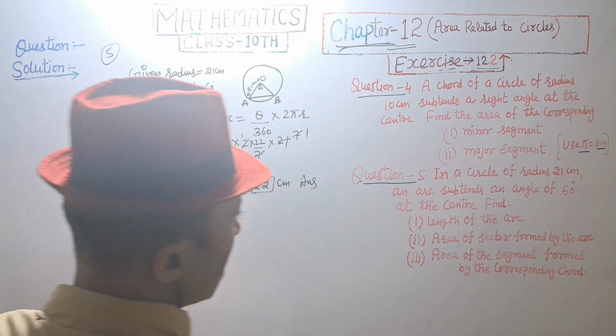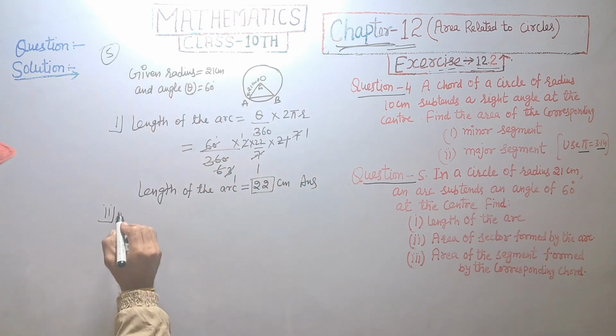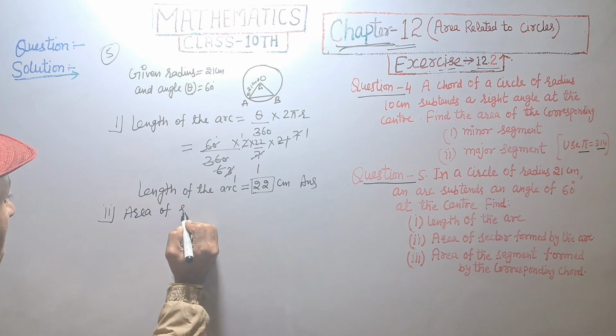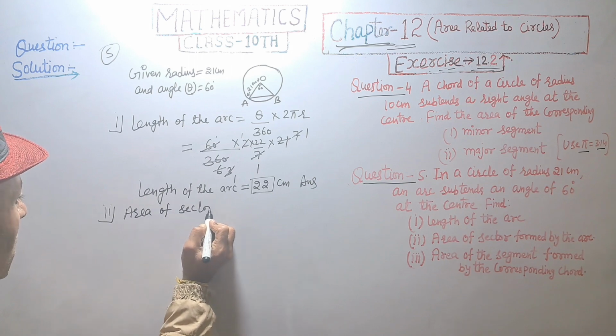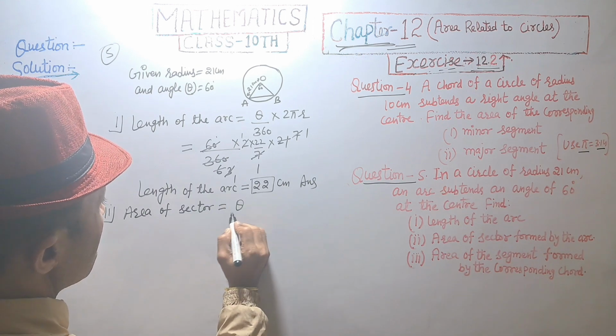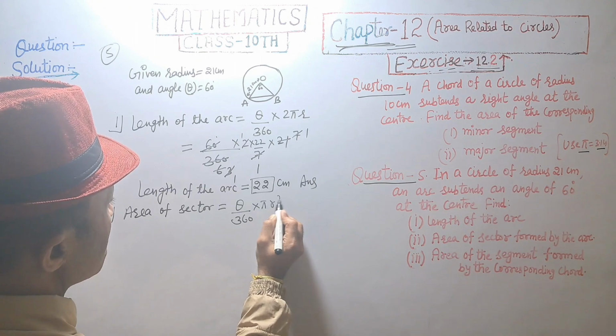And area of sector formed by the arc. Area of sector is equal to theta upon 360 into pi r square.